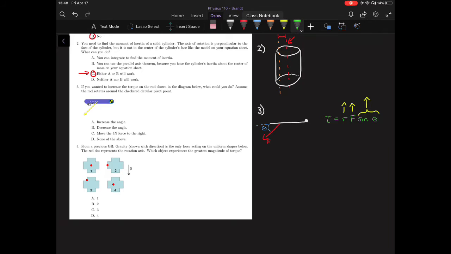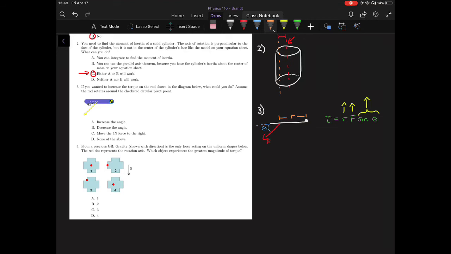So if we look at this, right, here's our R. That's how far away we are from our pivot point that the force is acting on. So do we have an option to be able to increase our radius? It says increase the angle, decrease the angle, move the force to the right, which would decrease.